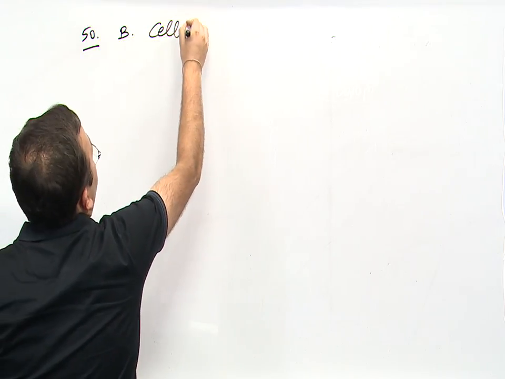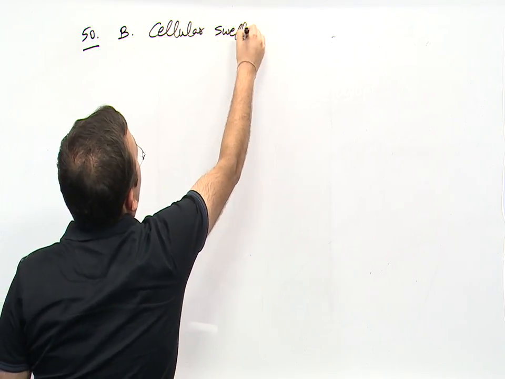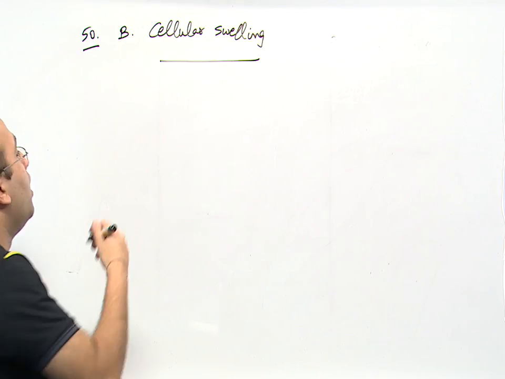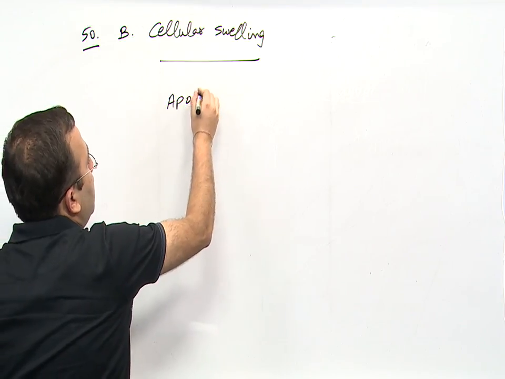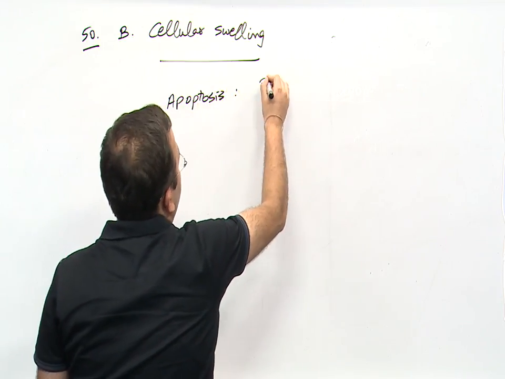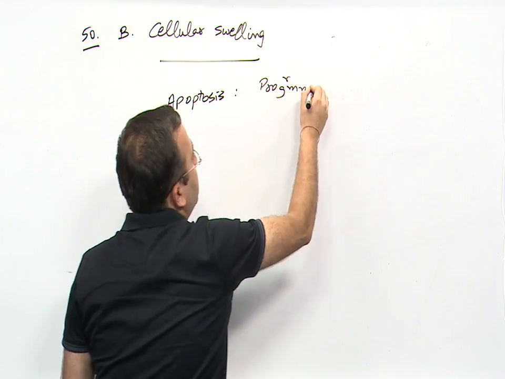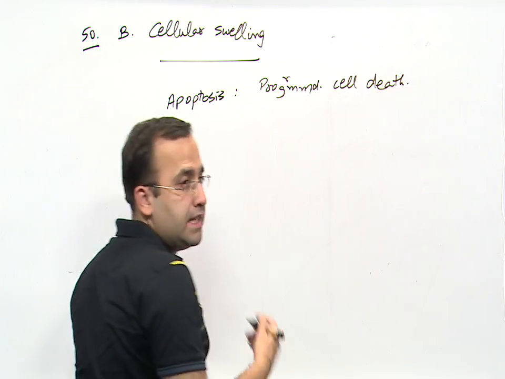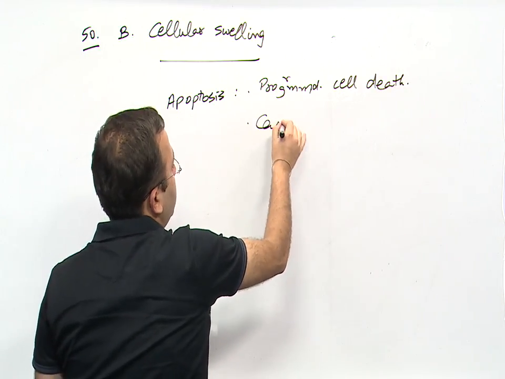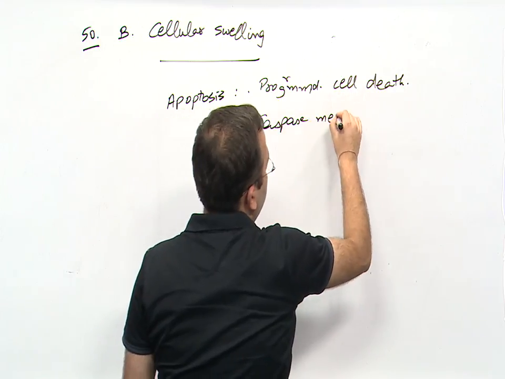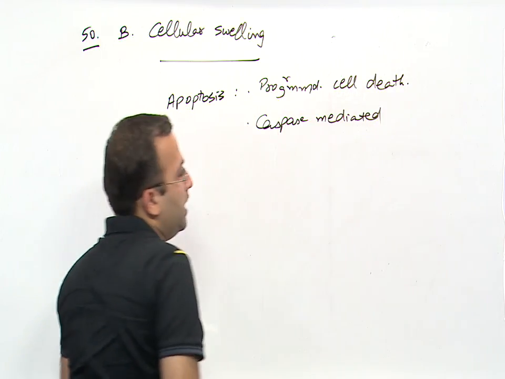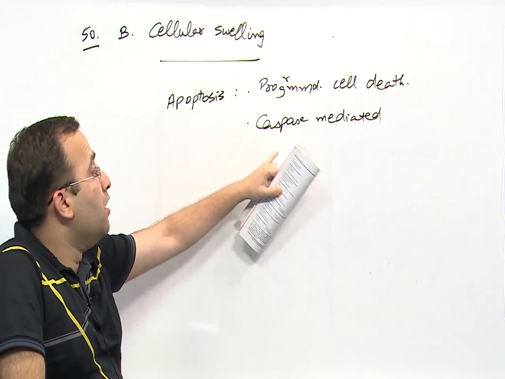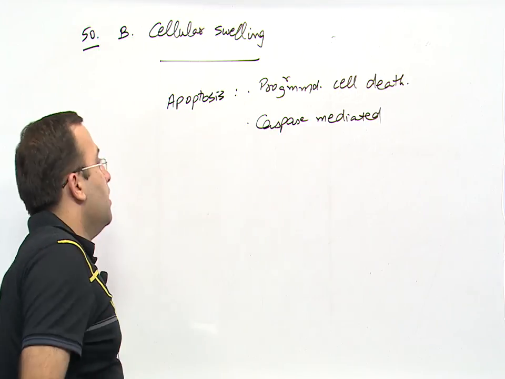That is option B. You very well know apoptosis is programmed cell death, which is mediated by caspases.